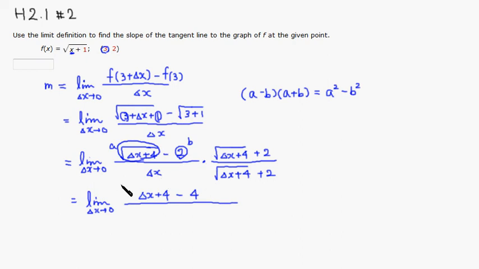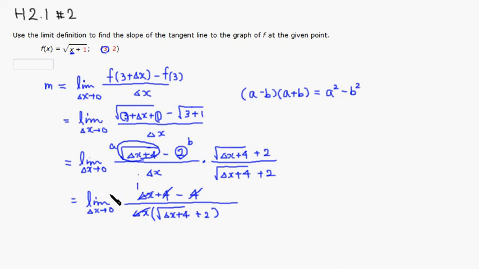On the bottom you can't do too much, you just have to write them down. So delta x times the square root of delta x plus 4 plus 2. Right, so you cancel 4 and 4, and you have a delta x on top and bottom, so you can cancel those out, and you have 1 on top.